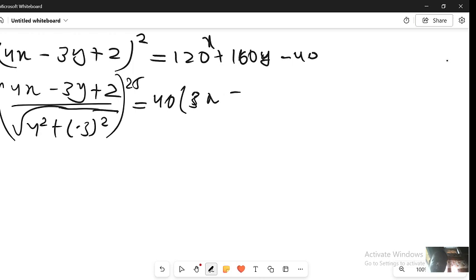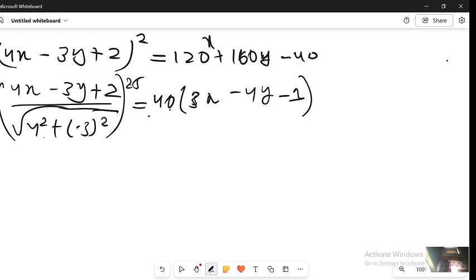Now I can multiply by 5 here, so that I will remove this one. If I multiply by 5, this 25 with this 5, because this one is going to give me 5, and I have 5 here, so I will multiply by 5 here to maintain the equality.